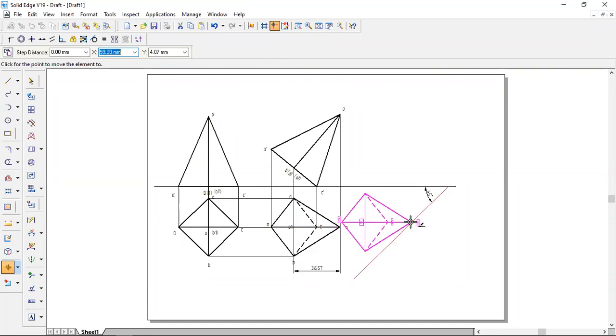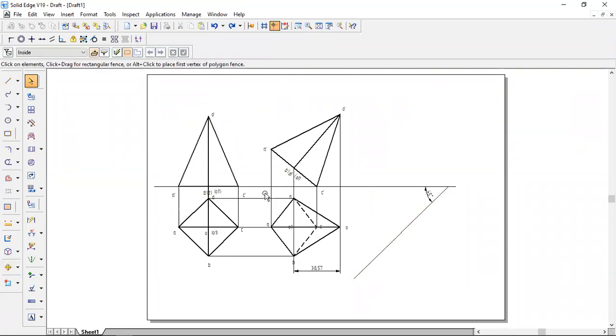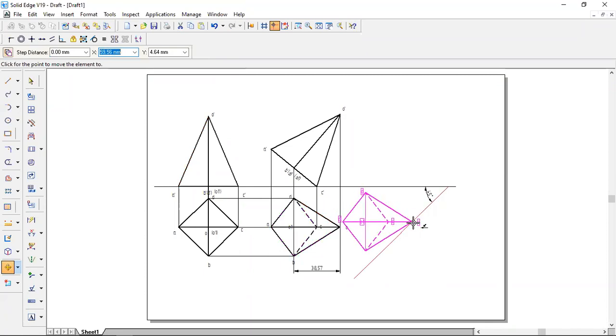So move with copy, by taking this endpoint and placing it here.